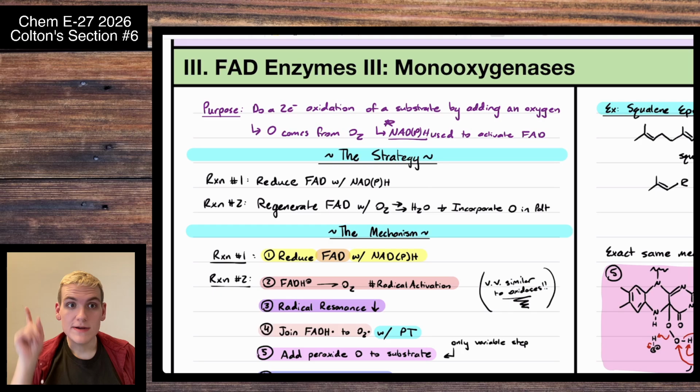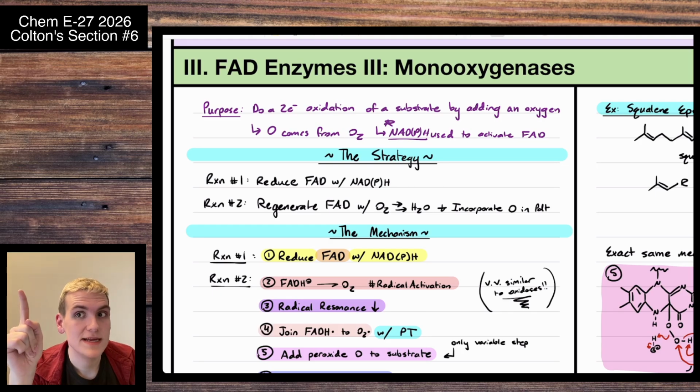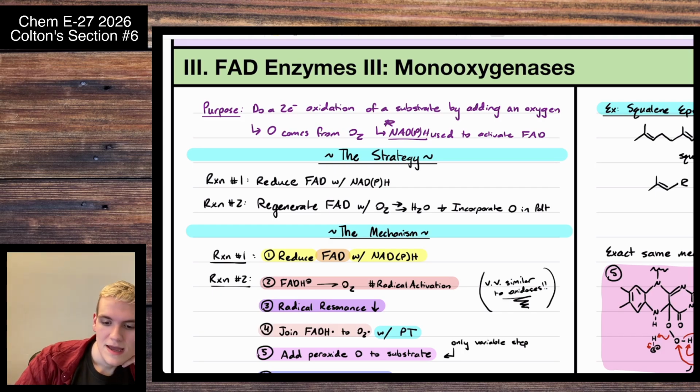They exist to do a 2-electron oxidation of a substrate that also adds an oxygen. Which again, the MAO seemed like it was doing that, but the FAD and the O2 was not actually adding it directly. It was a water that came in later. So here, the oxygen that we are adding in our monooxygenase comes from O2. The other key feature of monooxygenase is we are going to bring back in NADH or NADPH to activate our FAD in the first step.